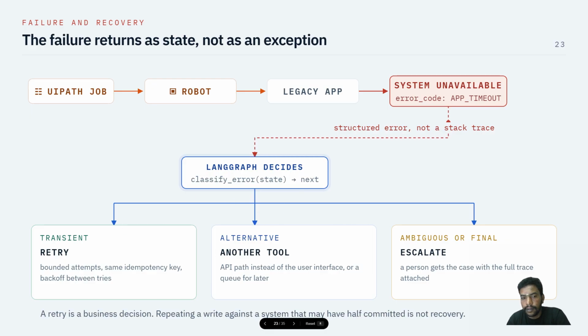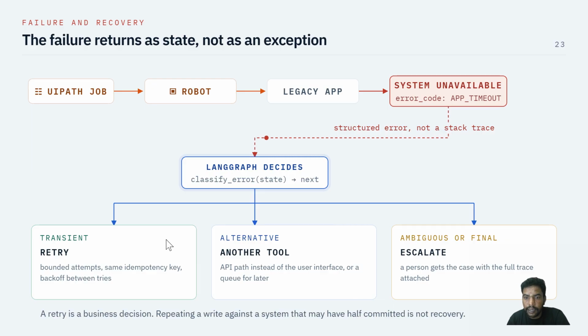A retry is a business decision. Repeating a write against a system that may have a half commitment is not recovery. It's the second incident with the same root cause. Duplicate supplier payments is a very expensive way to learn this lesson.